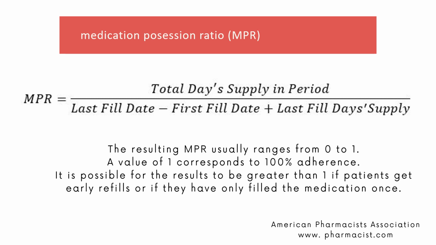We get a range between 0 to 1 because it is a ratio, and a value of 1 corresponds to 100% adherence. It might be possible for the patient to get an MPR of more than 1 if the patient gets an early refill. They are not supposed to get it yet, but they get it, so the value will be more than 1.